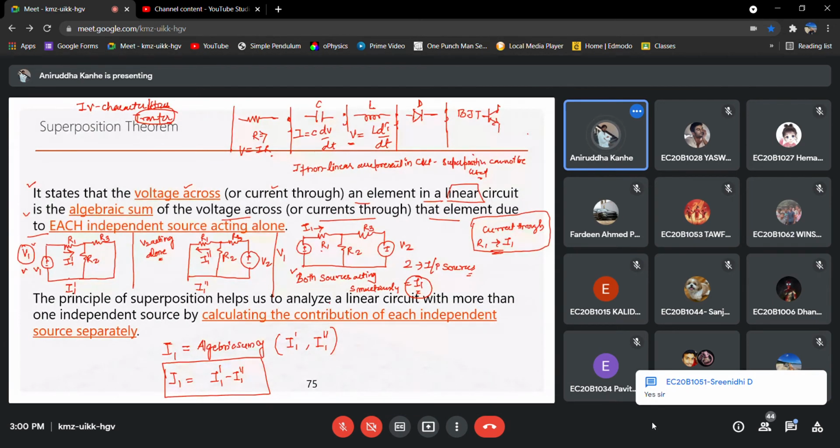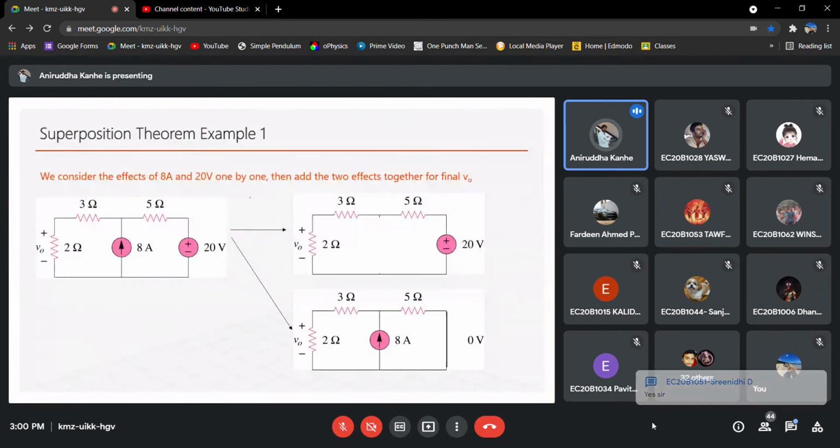Okay, then let us assume one example. Let us say that I am interested in the voltage V0 across this 2 ohm resistance.